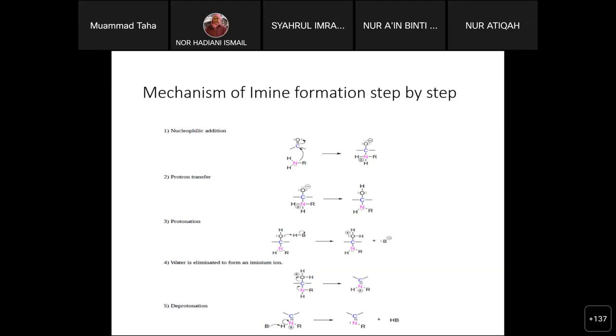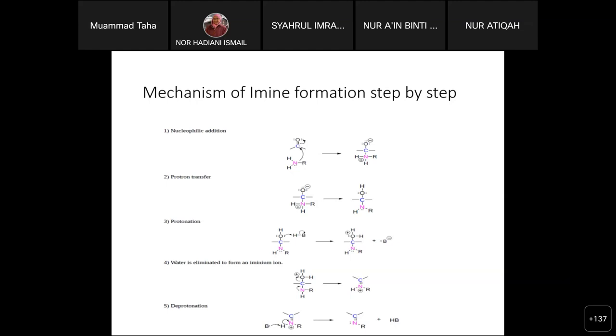Then what will happen? The counterpart of the acid which gave the proton here will take its proton back, because this is the catalyst. Always remember the definition of a catalyst: it is not consumed in the reaction, it is only helping the reaction. Whenever you do the mechanism of any chemical reaction, if you are using a catalyst, you have to show in your mechanism that the catalyst works first to initiate the reaction and then terminates the reaction.